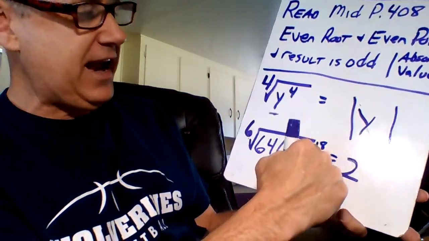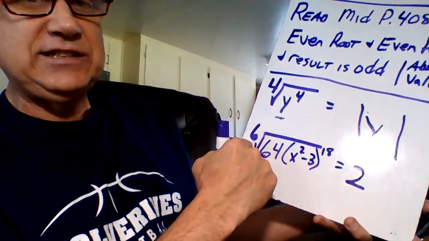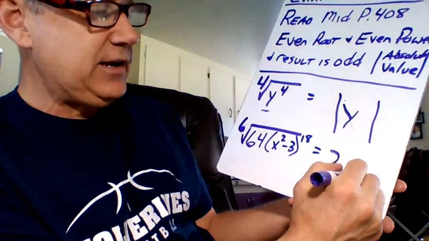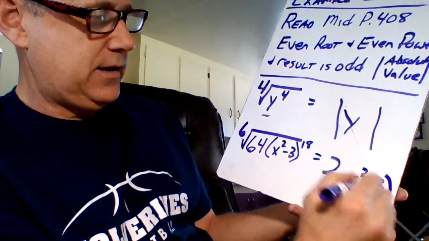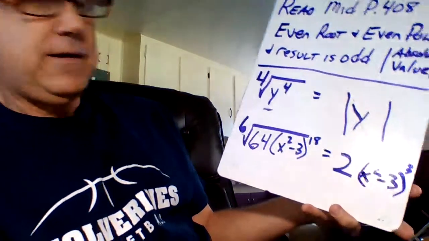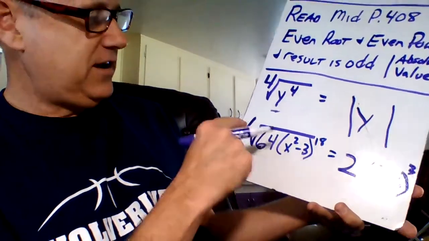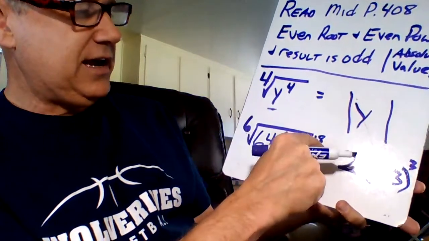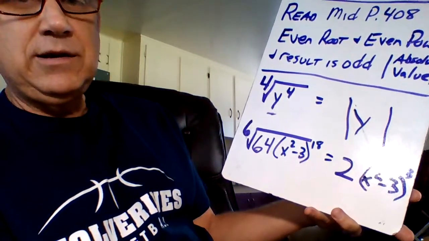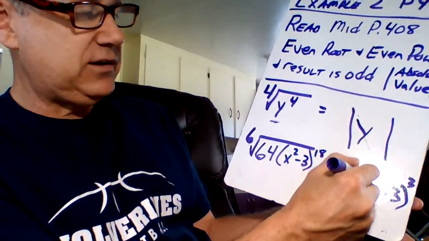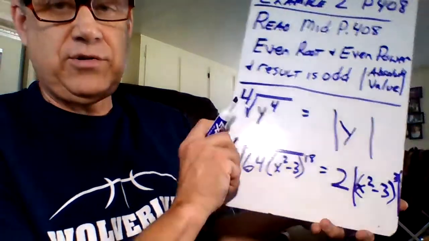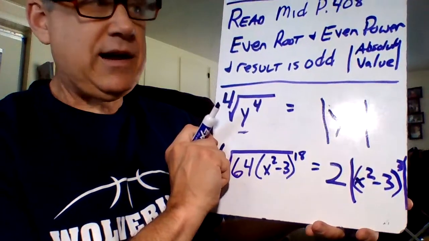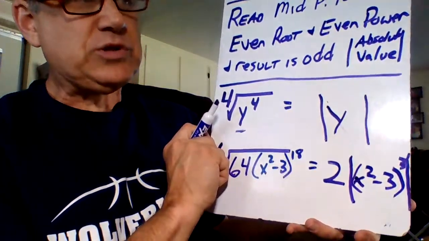We say 18 divided by 6 is 3. And here we have an even root and an even power. What do we have to do to this section? We have to put absolute value. Okay, absolute value. So take a look at that.